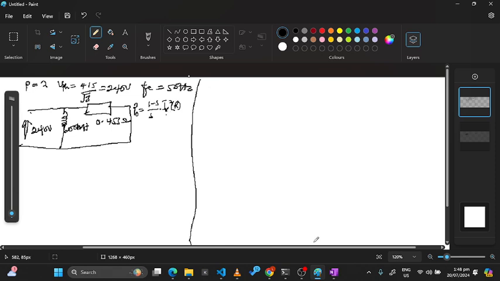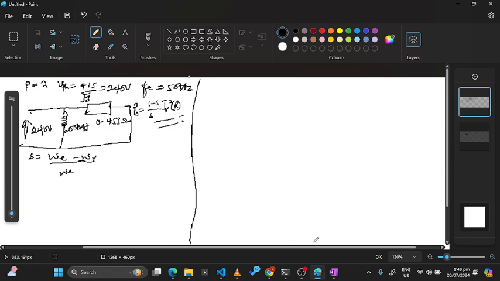So we have this. Now we need to determine the slip. We know the slip is equal to omega E minus omega R, all divided by omega E.